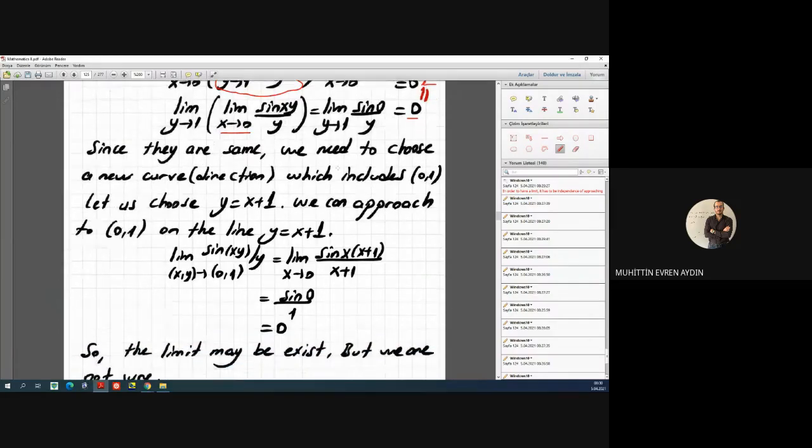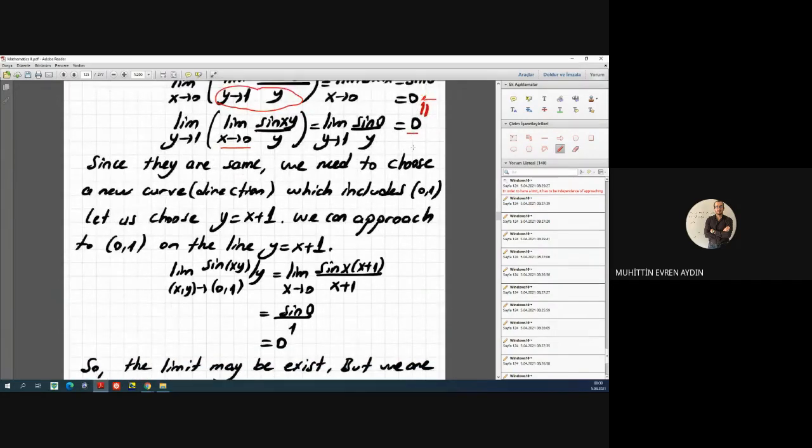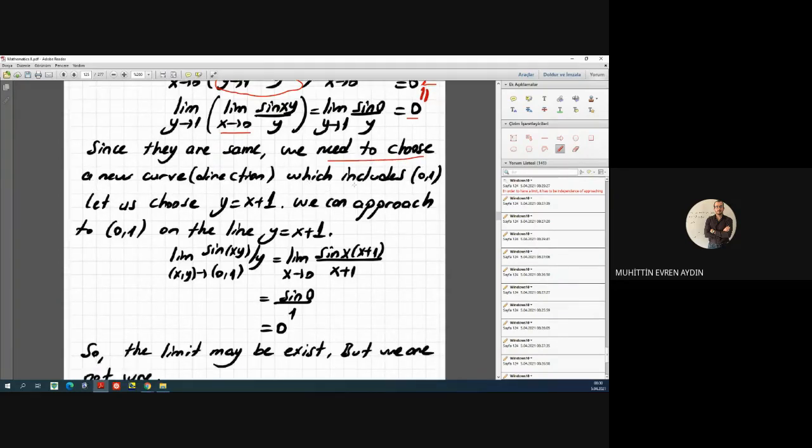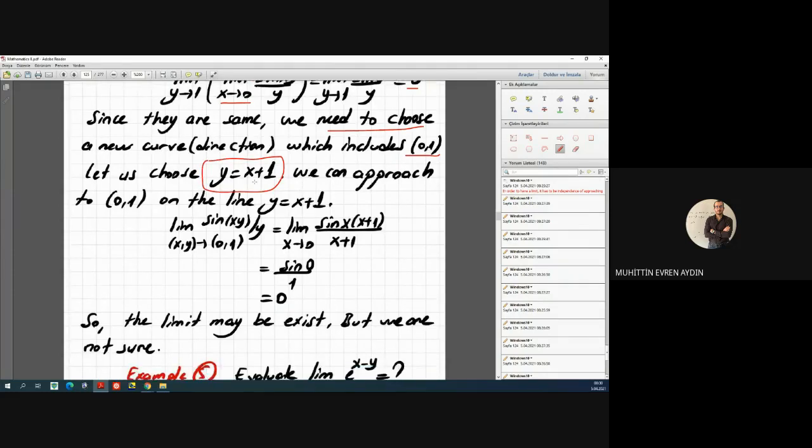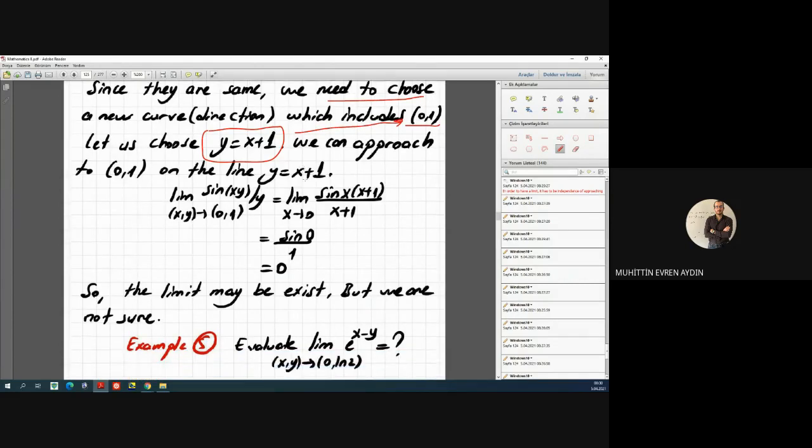Okay. So after this stage, we have to choose a new direction, passing through the point. If we choose a line passing through the point 0, 1, yes, you know, this line passes through this point. Okay, we can choose this line, and we can solve.